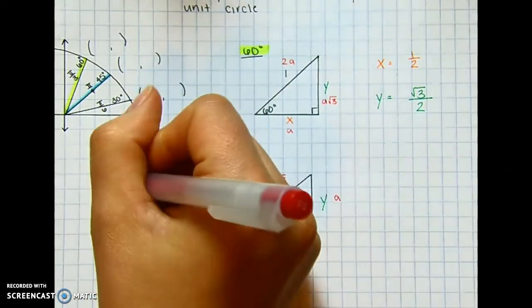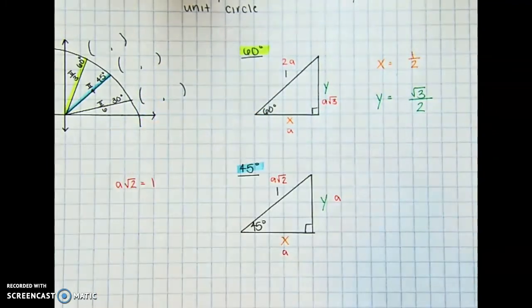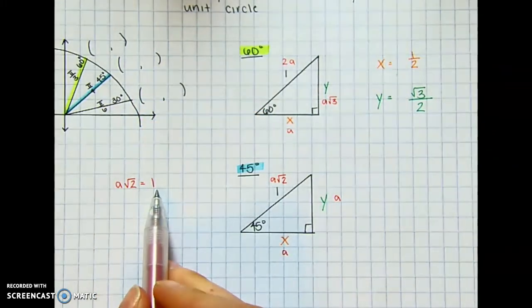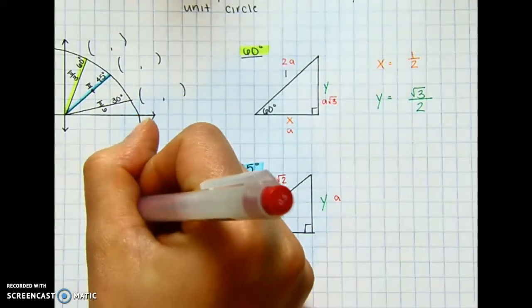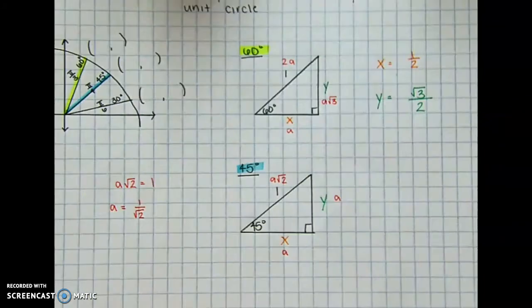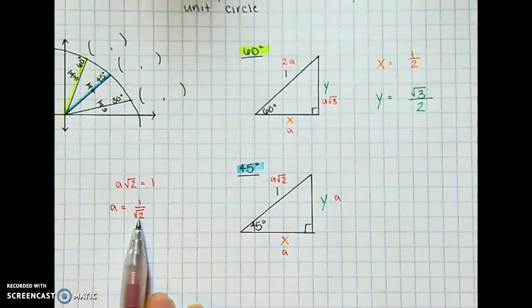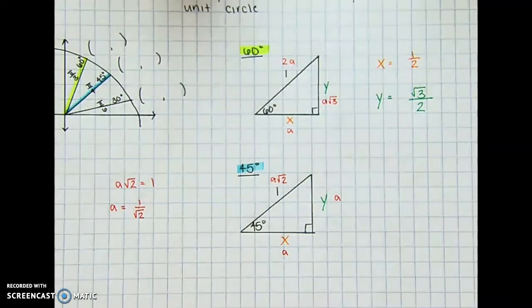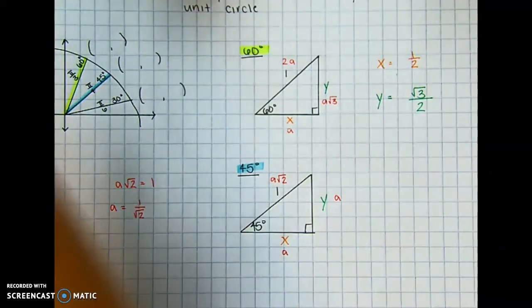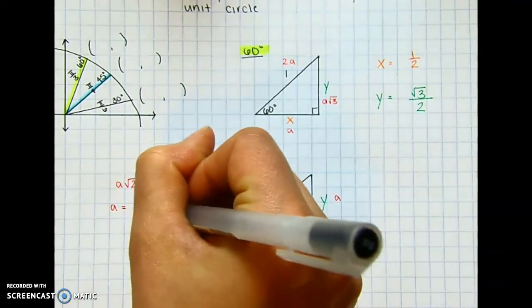So if we know that a root 2 equals 1, I'm going to divide both sides by the square root of 2. So a is equivalent to 1 over the square root of 2. But if you remember, a radical in the denominator is not considered simplified, so we need to rationalize the denominator. So I need to multiply by the square root of 2 over the square root of 2.